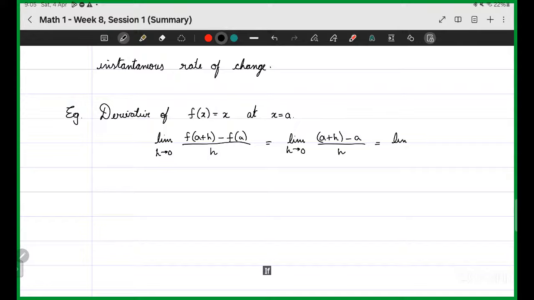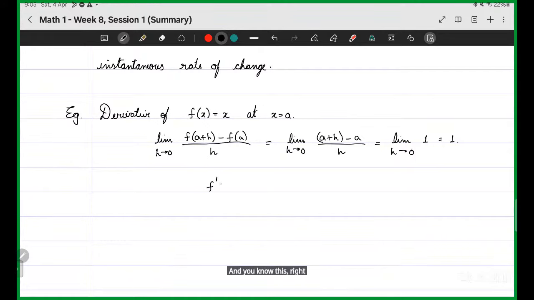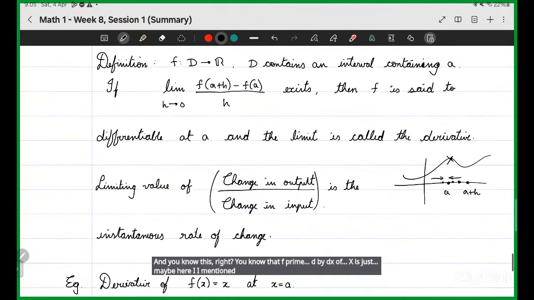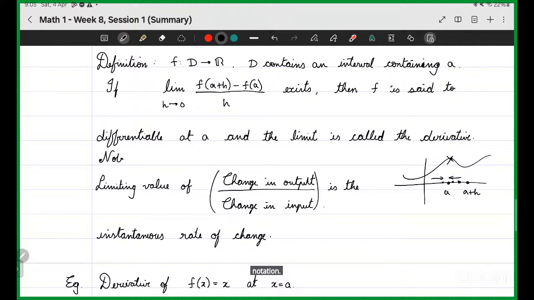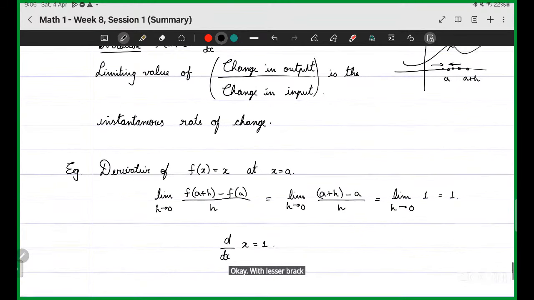If I simplify this, the h in the numerator and the h in the denominator get cancelled out with each other, and what you are left with is just 1. And you know this, right? You know that f prime, d by dx of x, is just 1. Here I mention the notation: you either write f prime of x or you write d by dx of f of x, with fewer brackets most of the time.